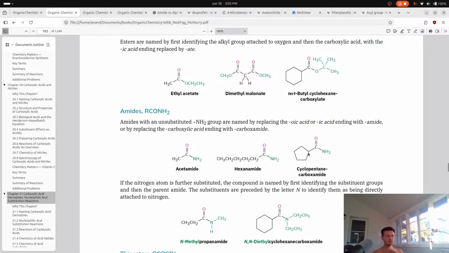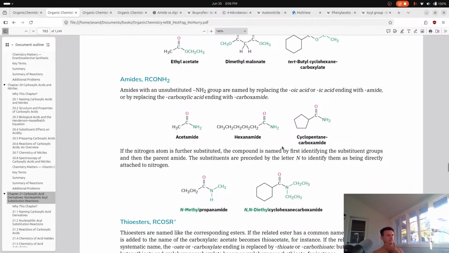Cyclopentanecarboxamide. Okay, that's pretty simple. So the base is carboxylic acid. So then this is going to go to carboxamide.